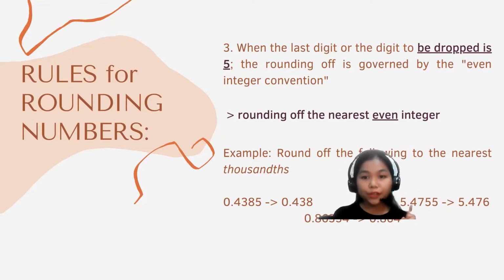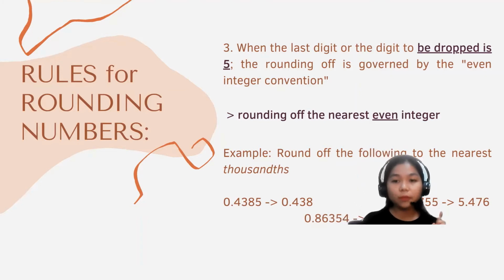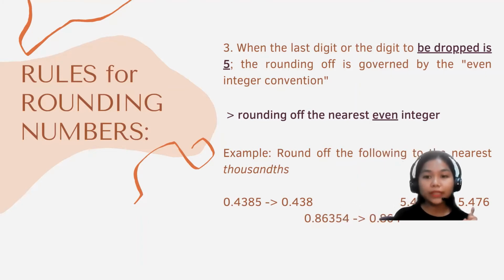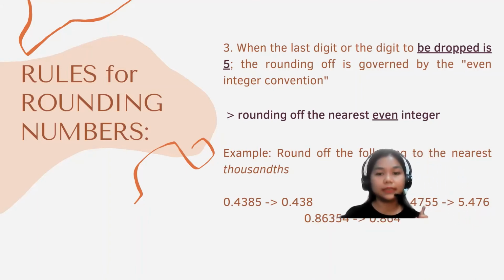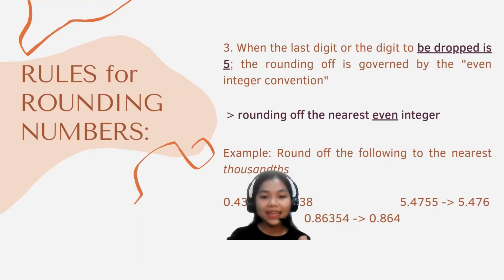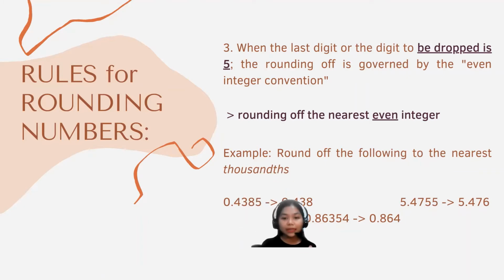Since it's an odd number, we need to add 1. So 5.4755 will become 5.476 when we round this value to the nearest thousandths. And the last example is 0.86354.